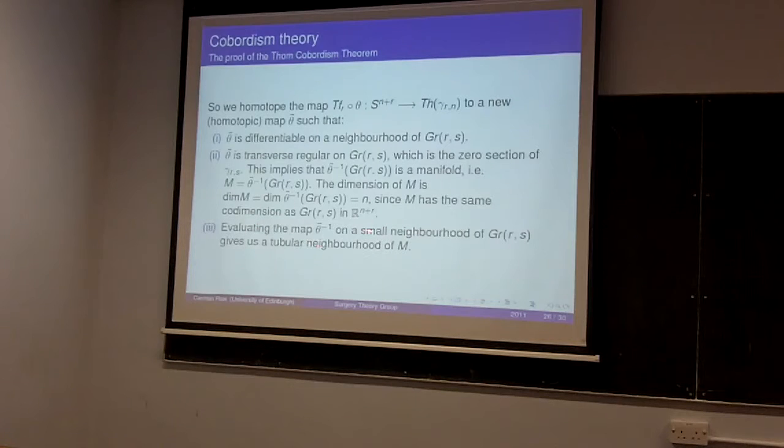And evaluating this map on a neighborhood of this kind of manifold gives us a tubular neighborhood of M. So I'm going to draw a picture.